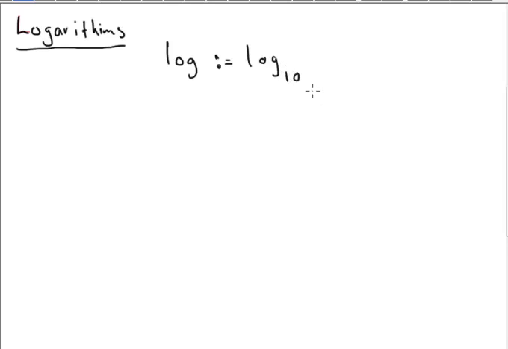Now, let's talk about logarithms. When we talk about logarithms, when you write something like this, log, normally in everyday use, we mean log base 10, because our usual base is 10.